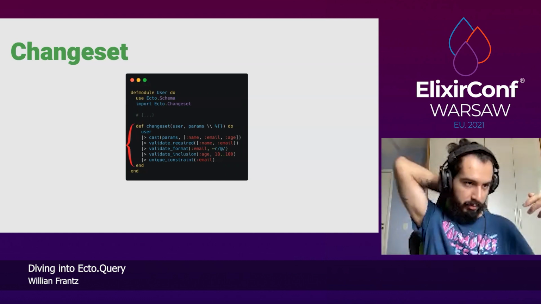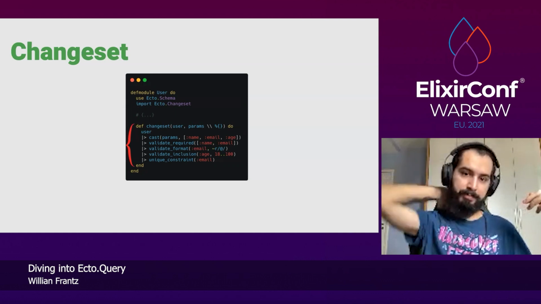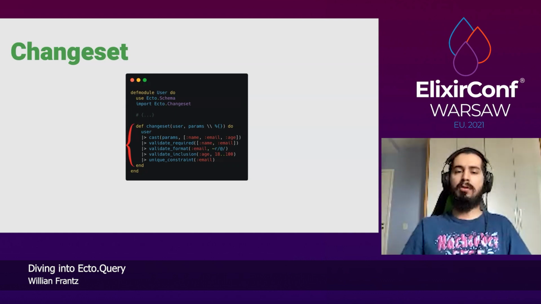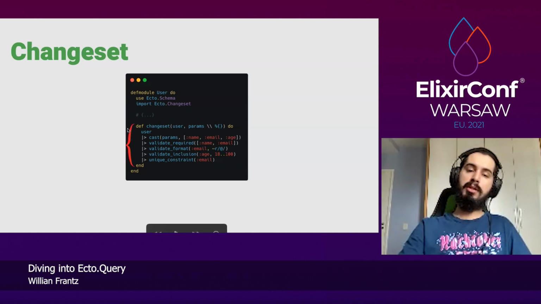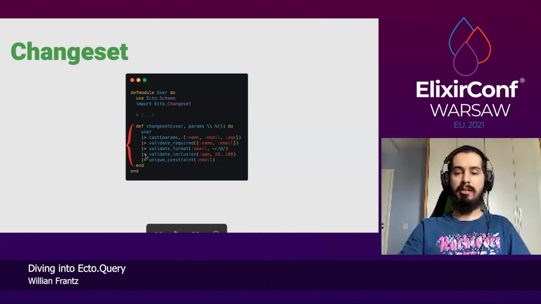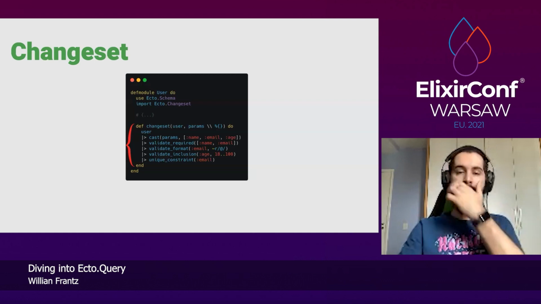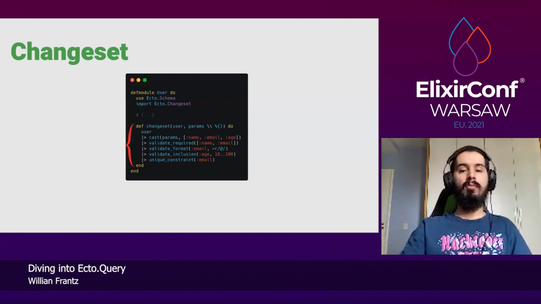So let's say we have an integer field called age, and for some reason the age came to us as a string. So this is going to generate an error changeset saying that the age can't be a string, it should be an integer, for example. So this is what changeset does for us.